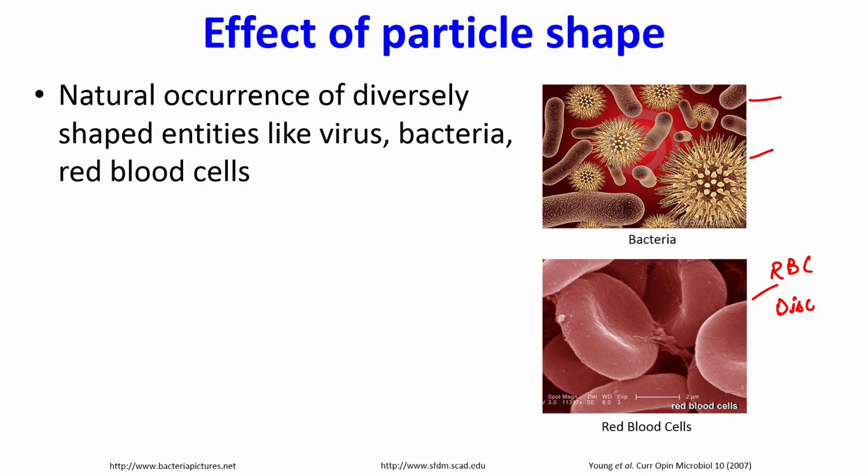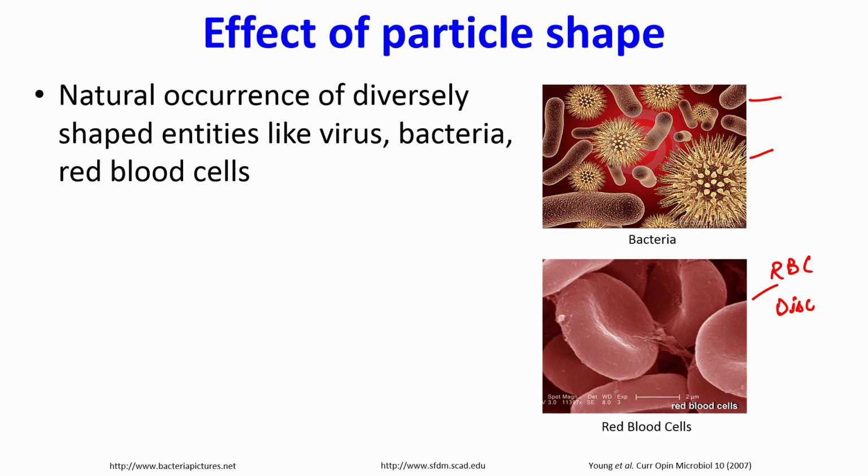So the idea is, can we mimic this property of shape from nature and see if that can help us in various applications of drug delivery or tissue engineering, in terms of getting more efficacy and patient comfort.